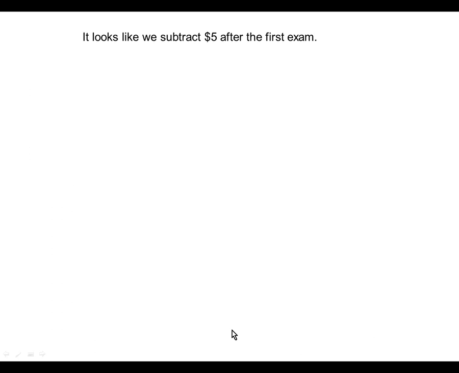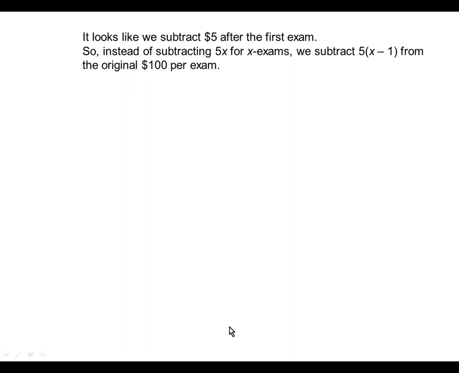So, it looks like we subtract $5 after the first exam. So instead of subtracting 5x for X exams, we subtract 5 times X minus 1. 1 less. Remember, this 1 is the first exam. You don't get a discount for the first exam. So you're going to subtract 5 times (x minus 1) from the original $100 per exam.